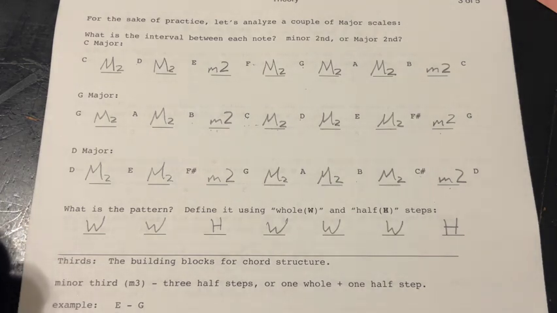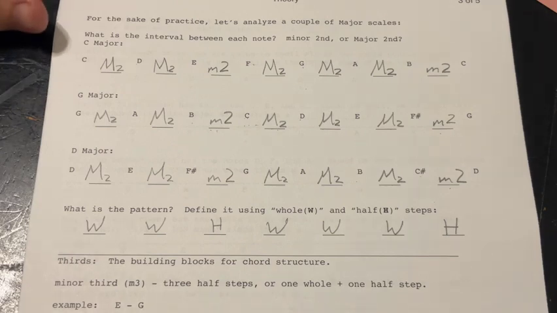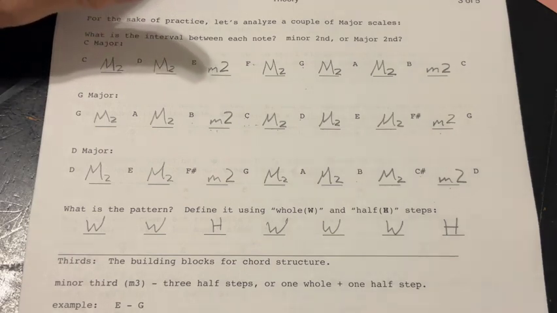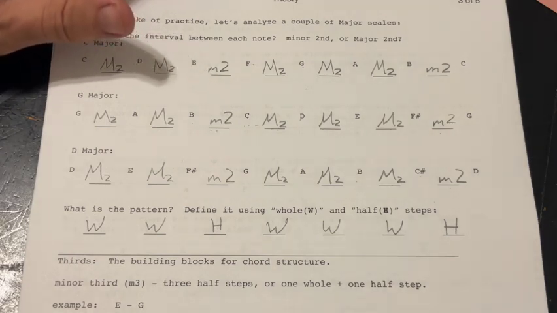So when you move from one string, instead of going all the way down the neck, you're playing a key, but you do two or three notes on the sixth string, and then you're hopping up to the fifth string. You're thinking about that whole and half step and where.